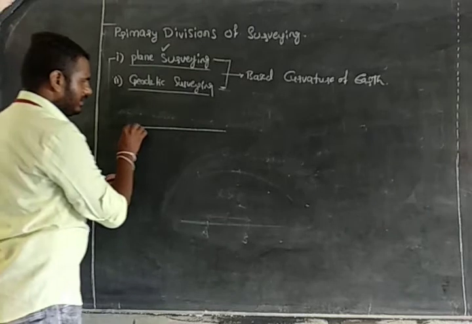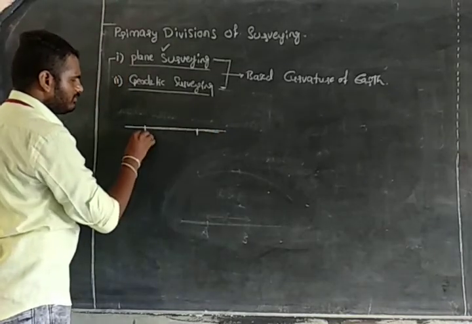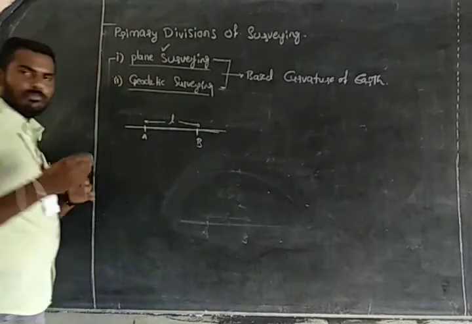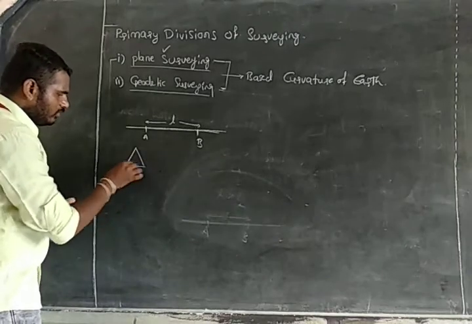Then you may measure the distance between two points, that may be some L, or you may calculate some area, which may be a rectangular area over the ground level.